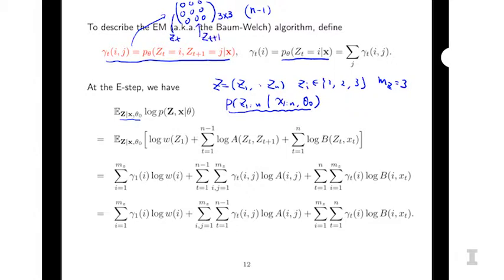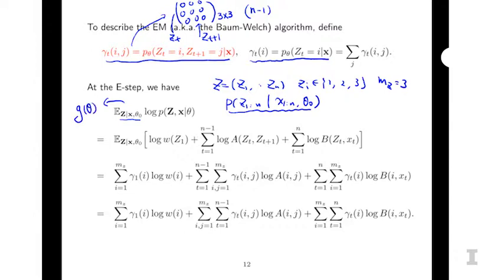So if we take the row sum of this gamma matrix, we get the marginal probability of zt. Once we have these gammas, we can evaluate the expectation of the log of the joint likelihood. This is basically the g function in the EM algorithm.